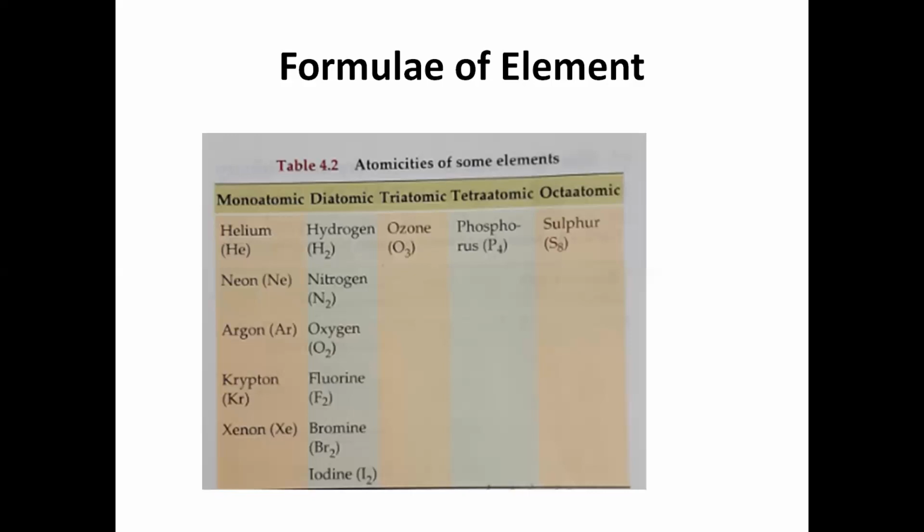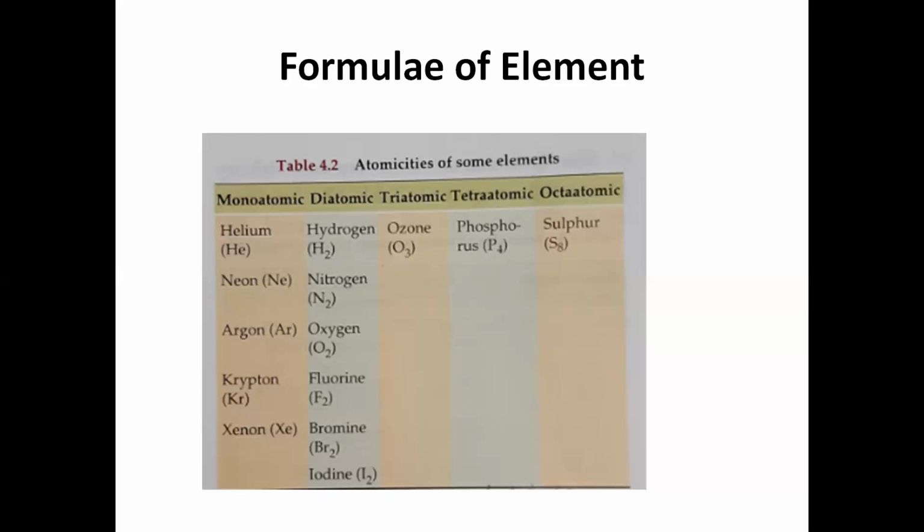However, a molecule of hydrogen, nitrogen, oxygen, fluorine, bromine contains two atoms of the element, and that's why they are called diatomic and are represented as H2, N2, O2, F2, Br2, and iodine I2.